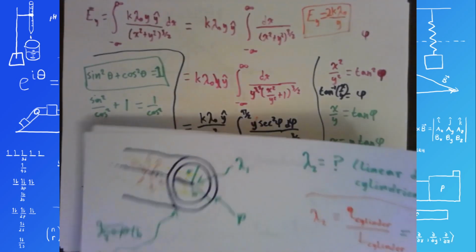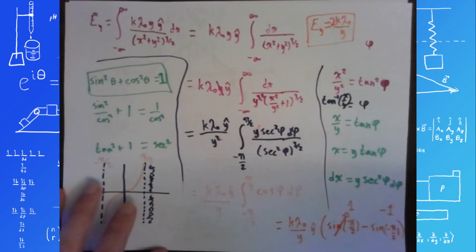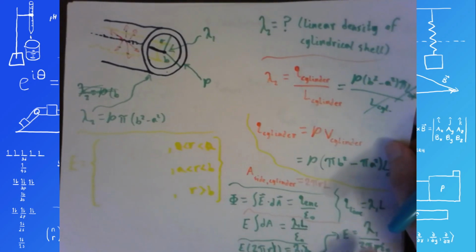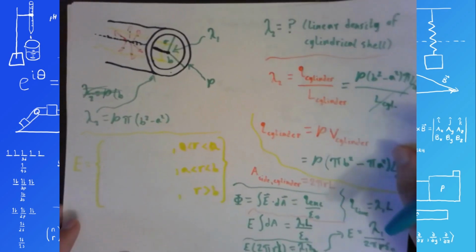Let's see, 2k lambda over y. And what was k again for this? Oh, wait, k is just the Coulomb constant. Okay, so is this equivalent to 2k lambda over r? That's our question.